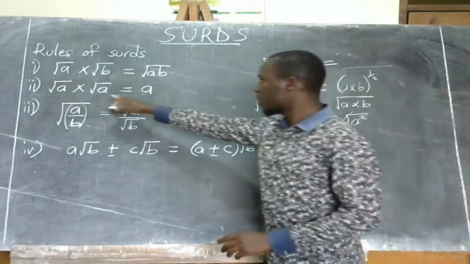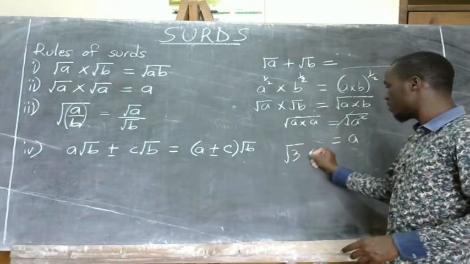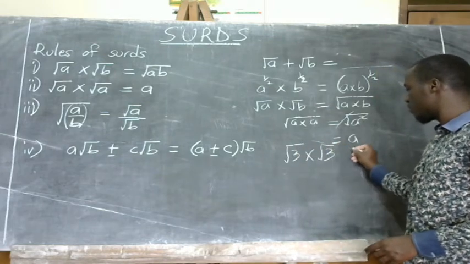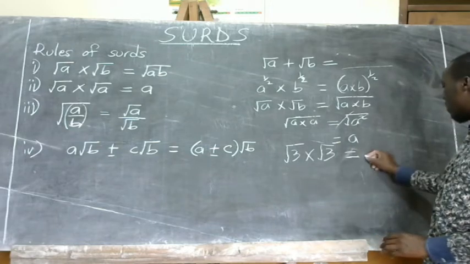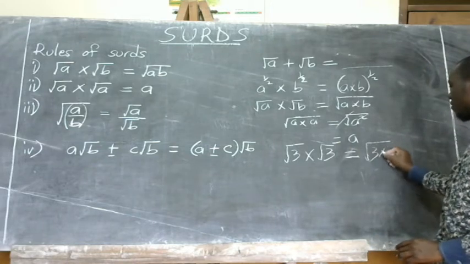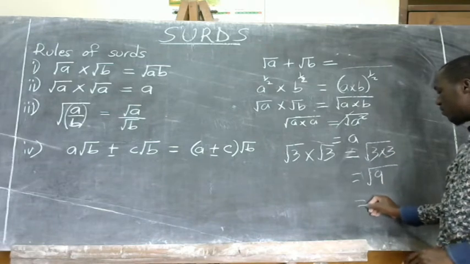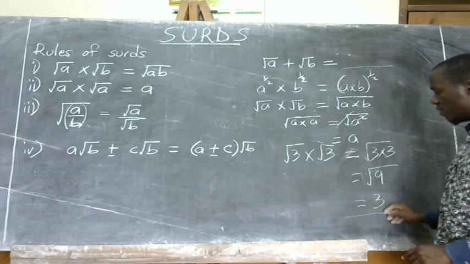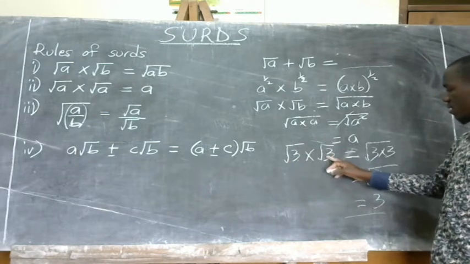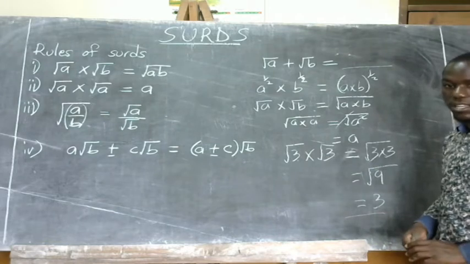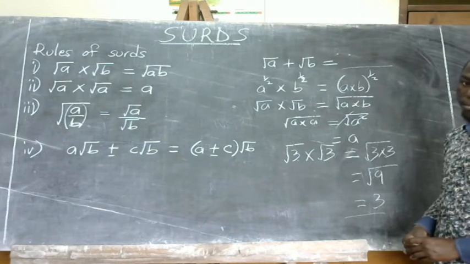Maybe an example: root of 3 times root of 3. This gives us root of 3 times 3, which is root of 9. And root of 9, you get 3. So whenever you have root of a number times root of the same number, we just get that particular number without the square root.